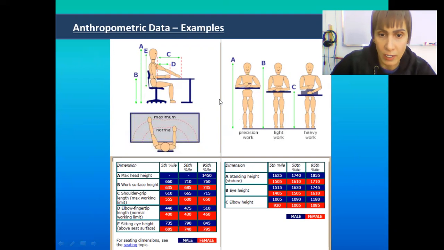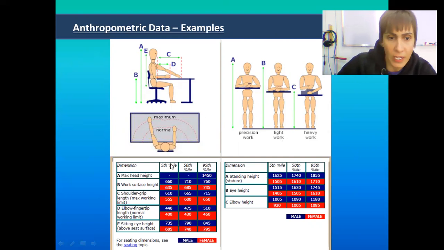Okay, so regarding the human, here we have A and B and C. So A, for example, this is the standing height of the human, okay? And here we have eye height, elbow height. So how much should it be? Depending on what you're designing. Here, for example, you have a chair and a table and the measurements, okay? How the human measurements relate with the design measurements.